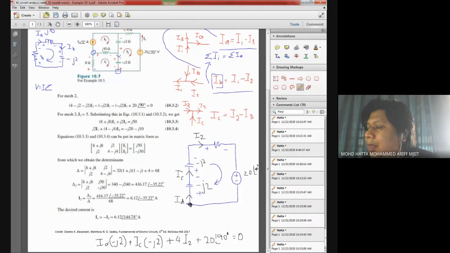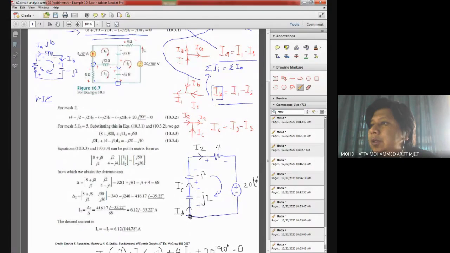And I know that the only component that I2 is flowing through is this 4 ohm resistor. If you look here, the current over here is definitely I2. However, the current flowing through this element, this negative j2, is not I2.